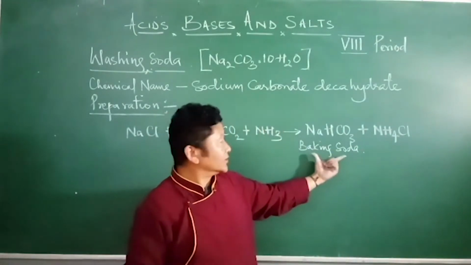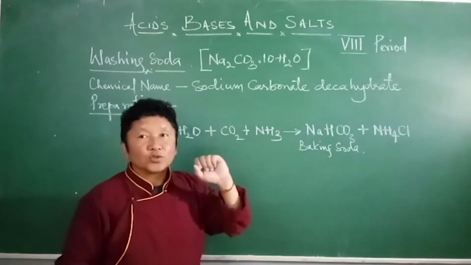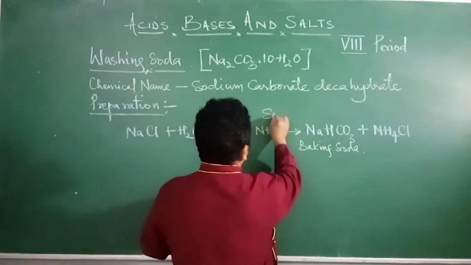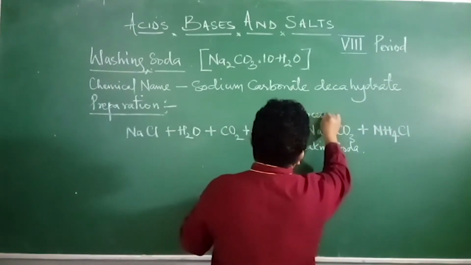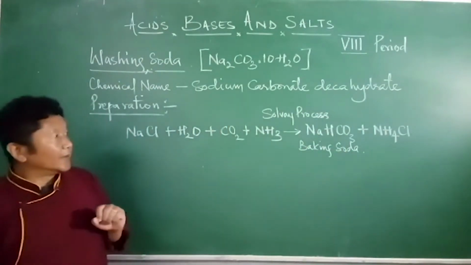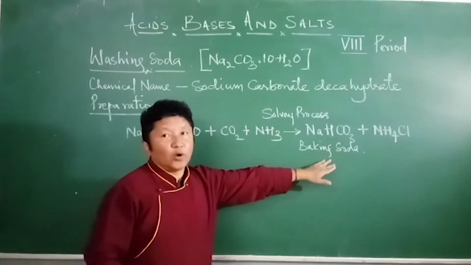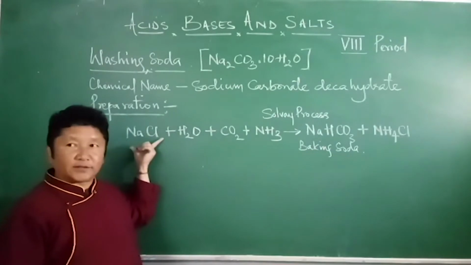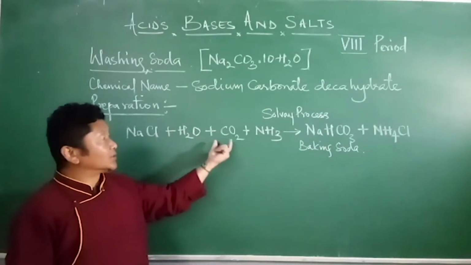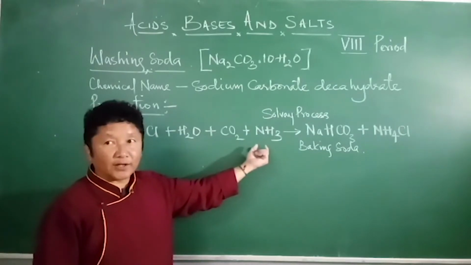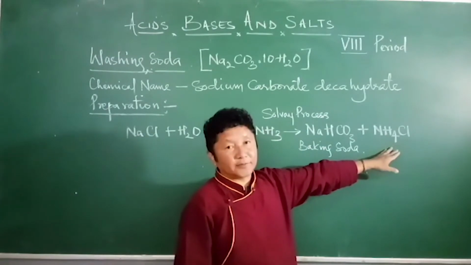This process is called the Solvay process. So baking soda is obtained from sodium chloride. Sodium chloride, when combined with carbon dioxide and ammonia, forms baking soda and ammonium chloride.